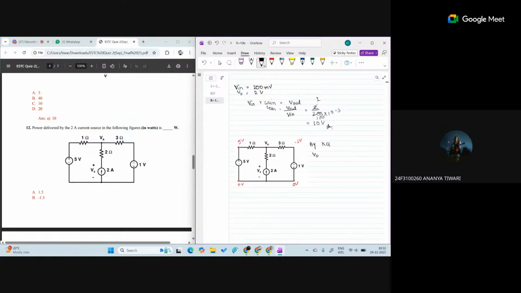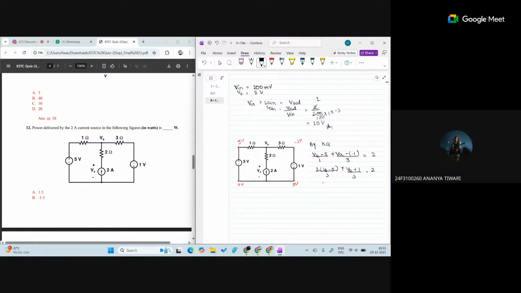So this is (VA minus 5) divided by 1 plus (VA minus 1) divided by 3 is equal to 2 ampere, since this current is incoming, so it would be positive. Now we can multiply 3 here.